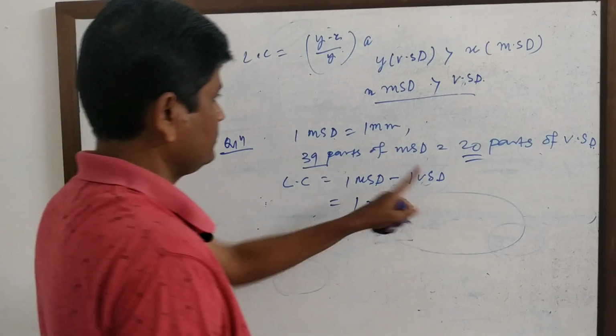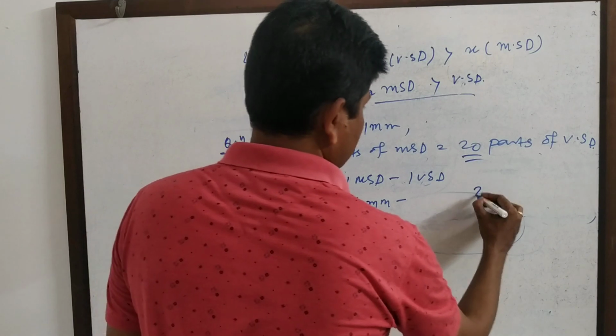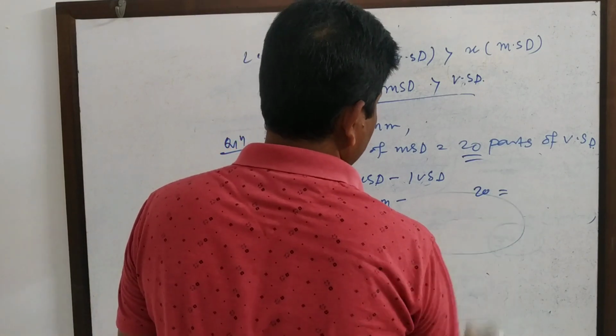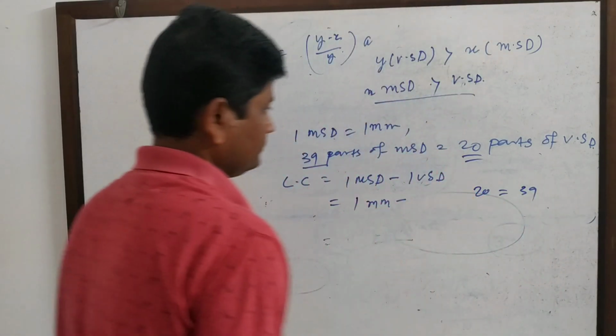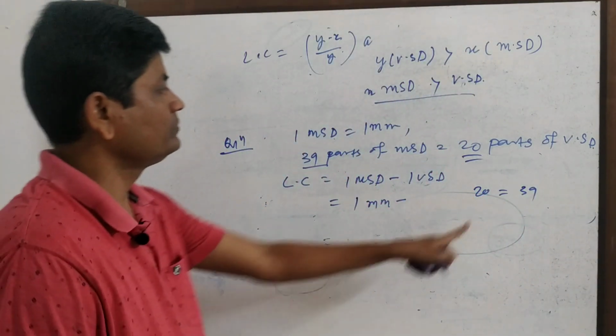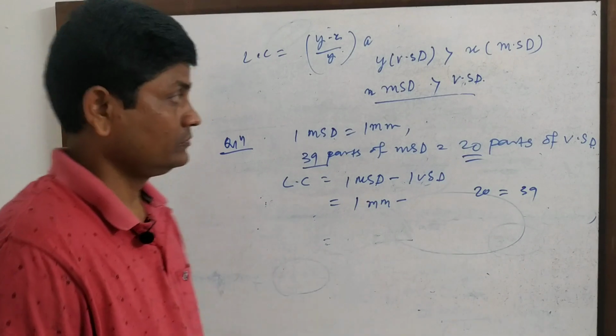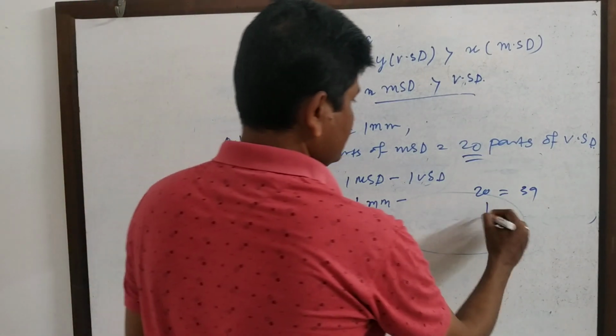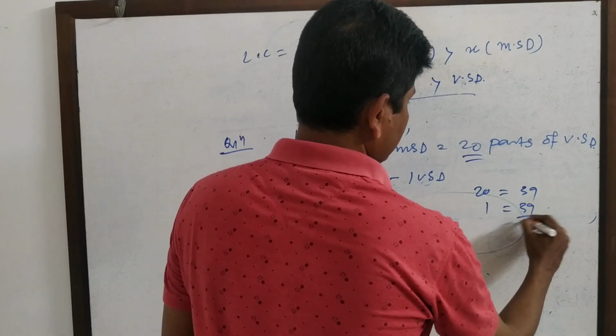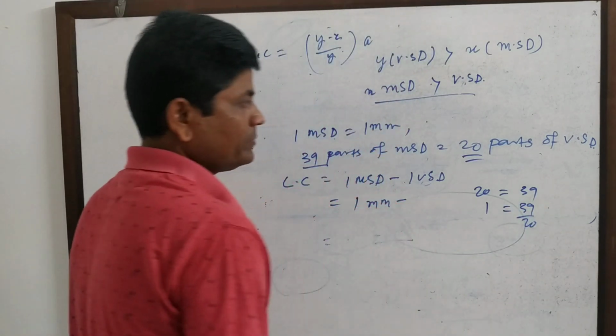We have to count: 20 parts is equal to 39 parts of MSD. Then 1 part is equal to 39 by 20 parts of MSD.